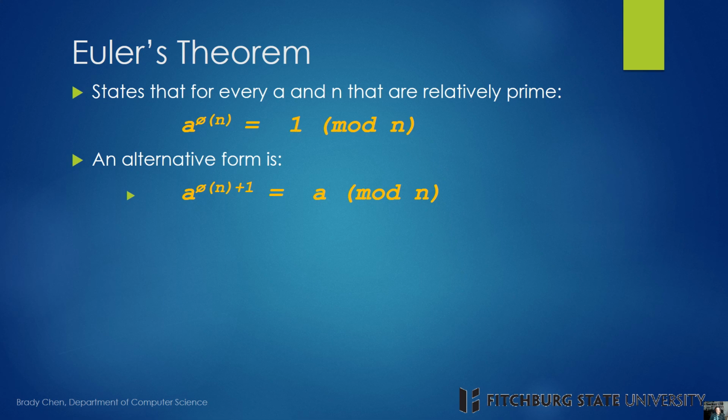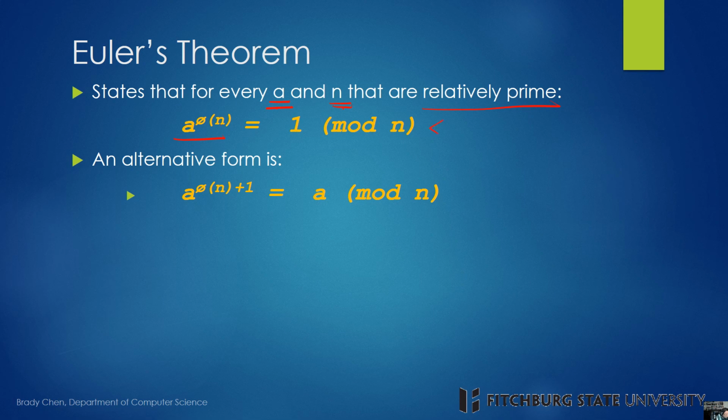Now, Euler's theorem is built upon Fermat's theorem. Euler's theorem says for every a and n that are relatively prime, a to the phi of n is congruent to 1 modulo n.